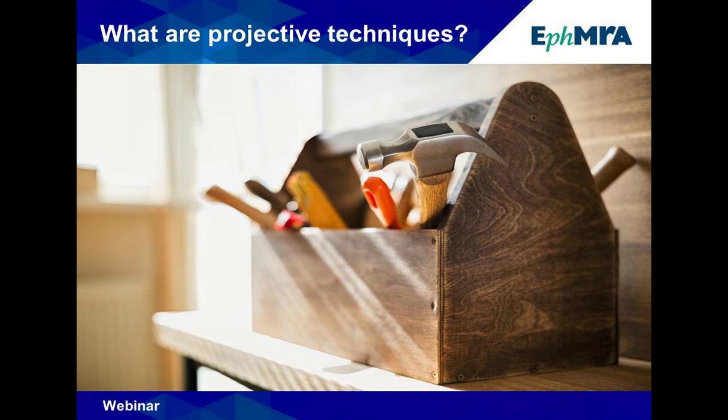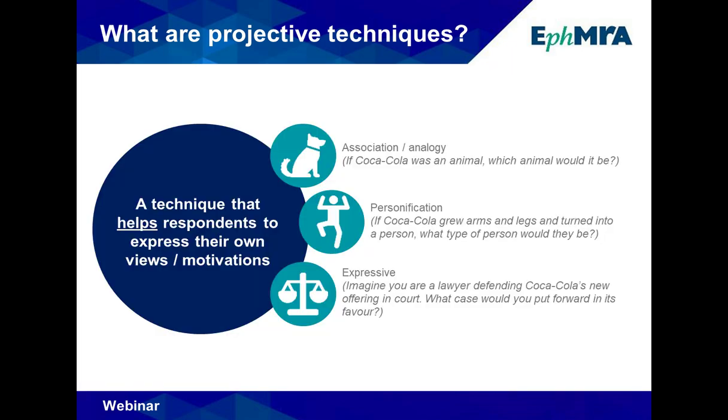So, what are projective techniques? It's a technique that helps respondents to express their own views and motivations. They generally fall into 3 categories: associations or analogy, for example, if Coca-Cola was an animal, which animal would it be?